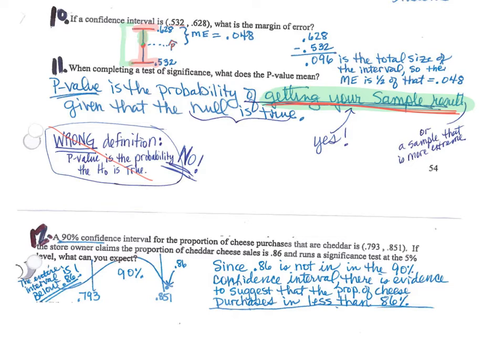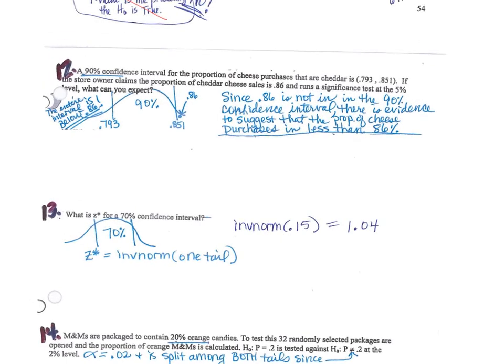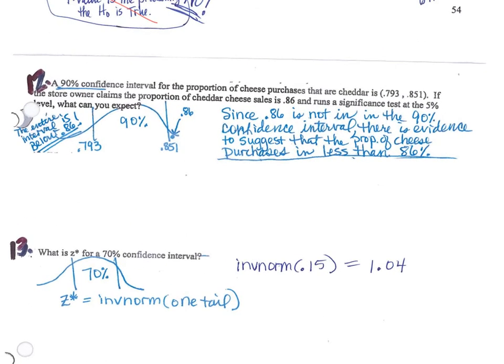All right, moving on, number 12. Hey, and this goes back to number 4 on your quiz 21 you just had. Look here, they give you this interval from 0.793 to 0.851, and the claimed value was 0.86.